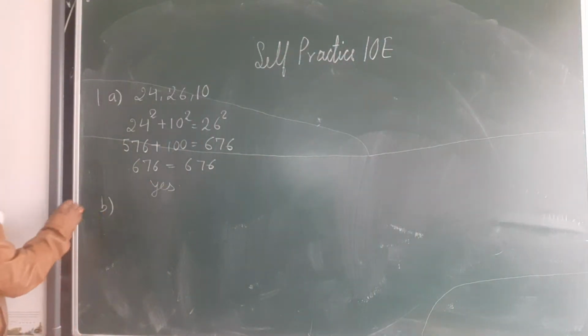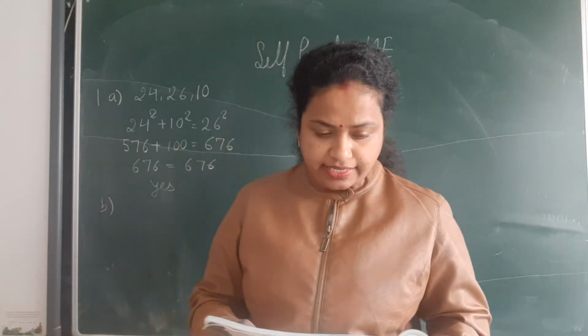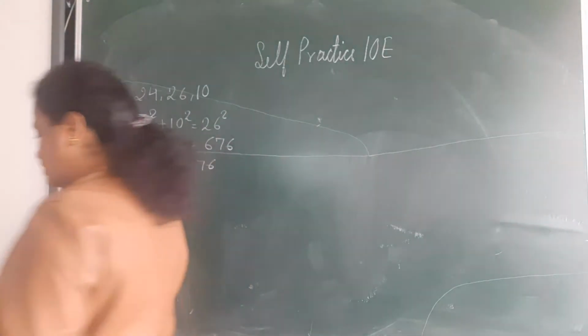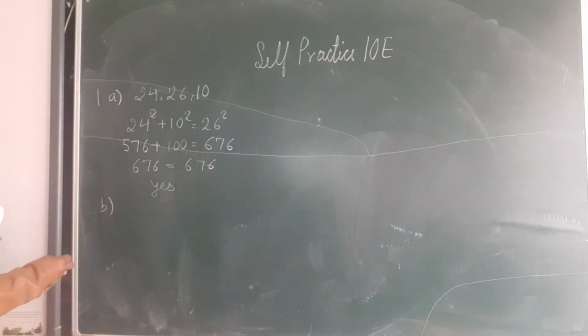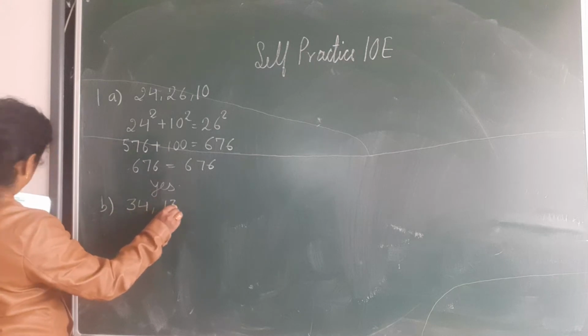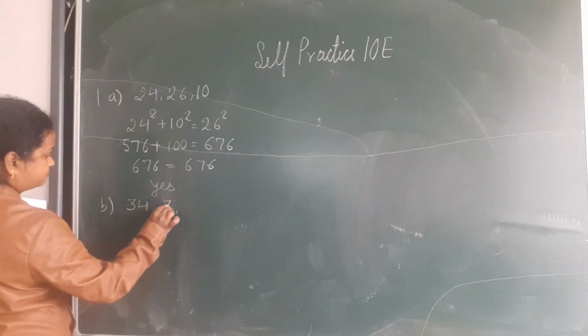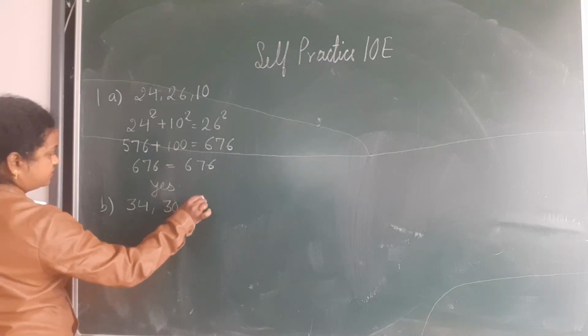Yes. Now see the B part of it. What is there in B part? 34, 30 and 16.